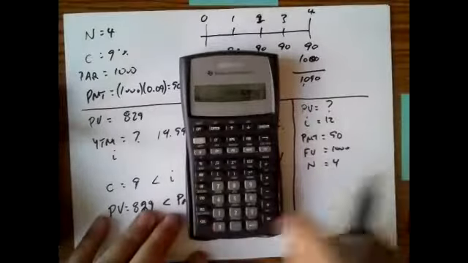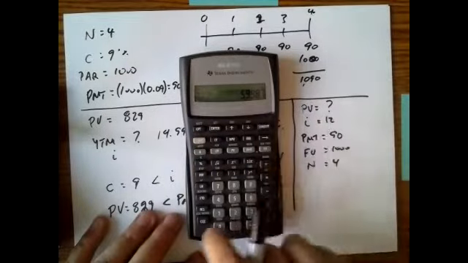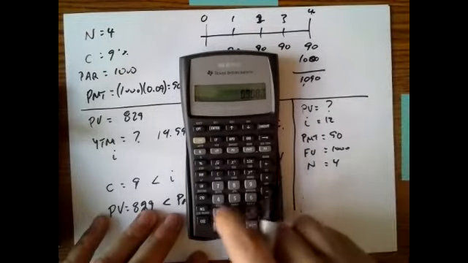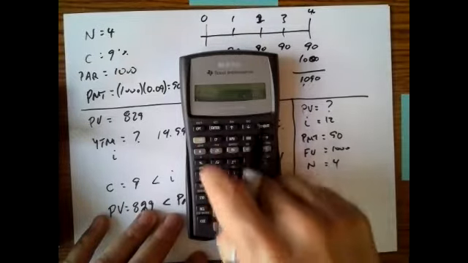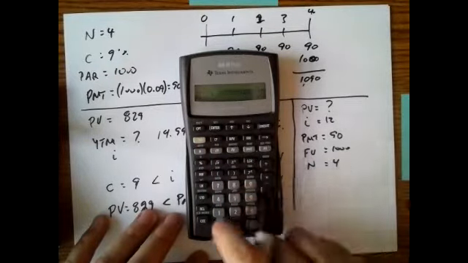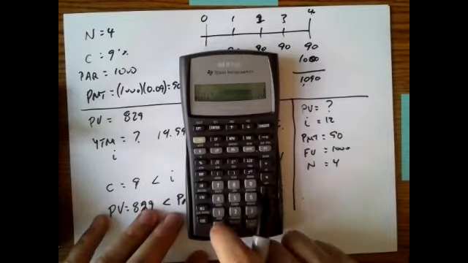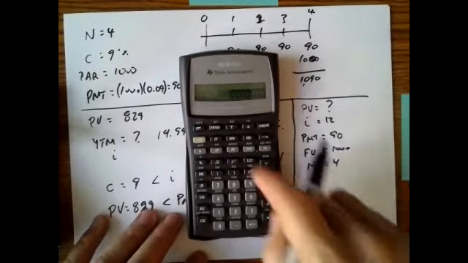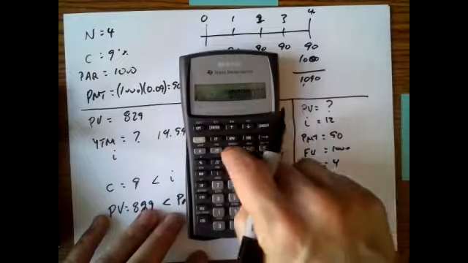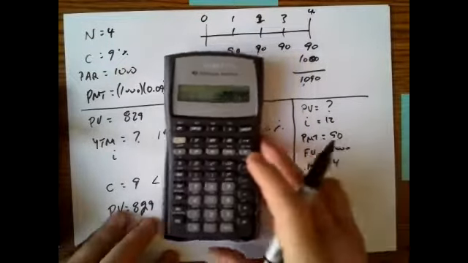So let's pull up our handy dandy calculator here. Clear. So 12 is the interest rate, 4 is the N, 90 is the payment, 1,000 is the FV, compute PV.